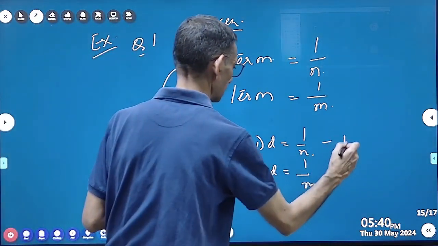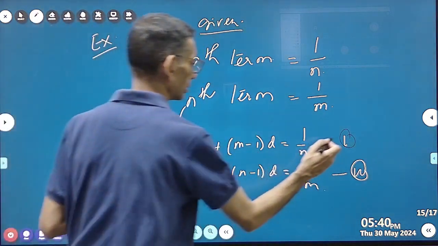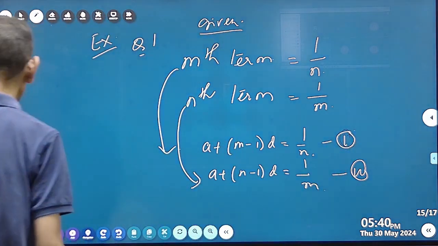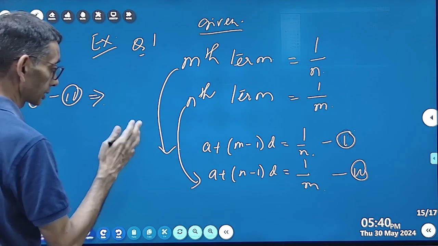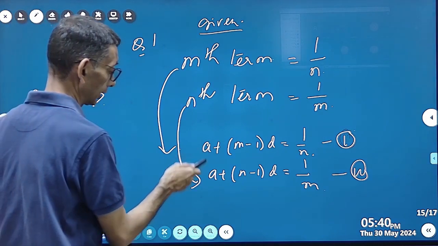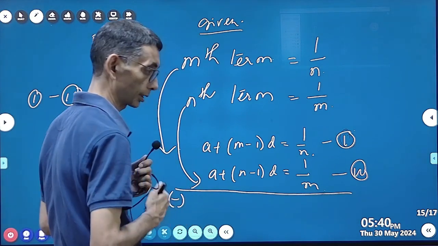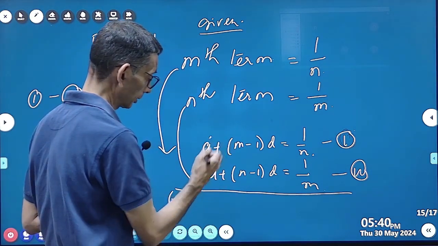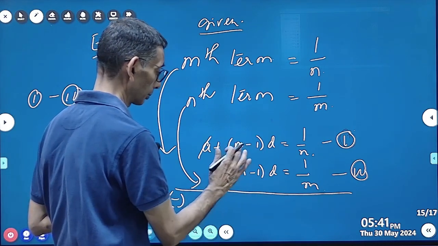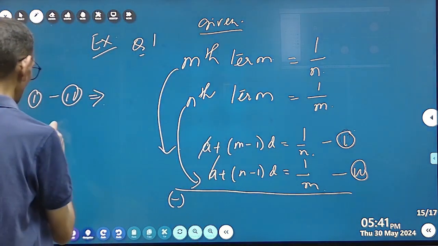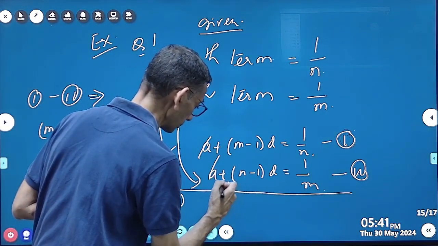Now if this is equation 1 and this is equation 2, then we will subtract both. 1 minus 2 implies, subtract. Do you know how to subtract? Write minus on the line, then you will understand more. Subtracting, A and A will go, because subtracting makes it minus. So first m minus 1 D, and when we subtract, this plus sign will become minus.